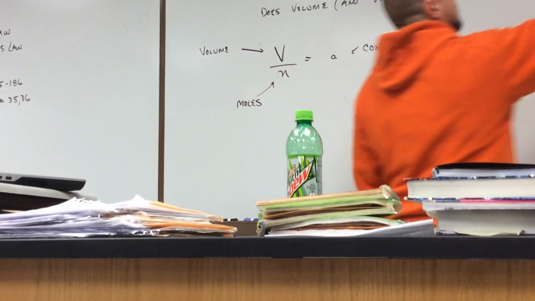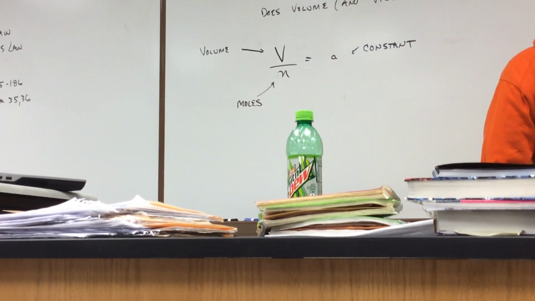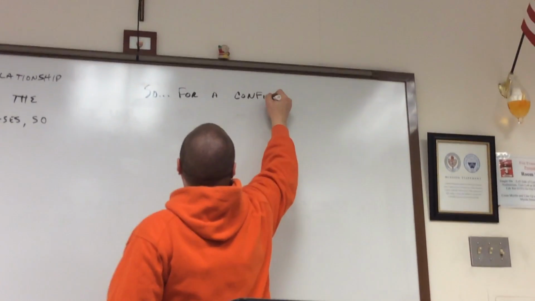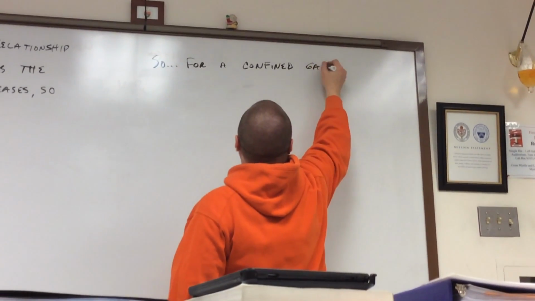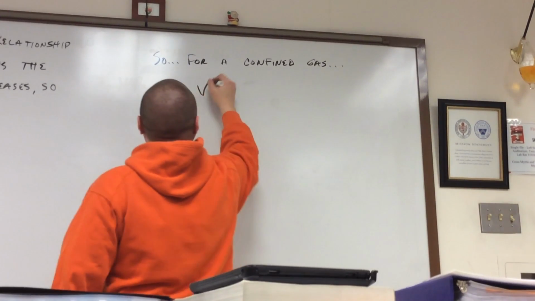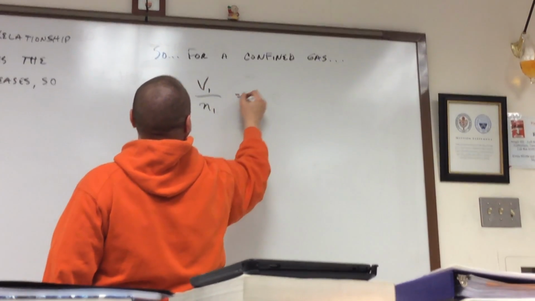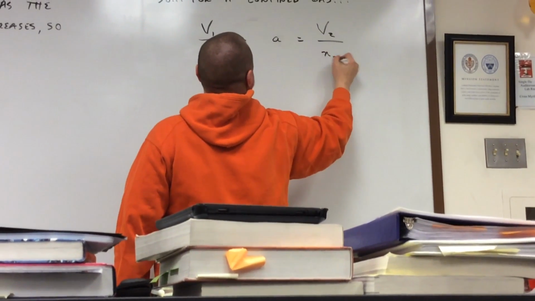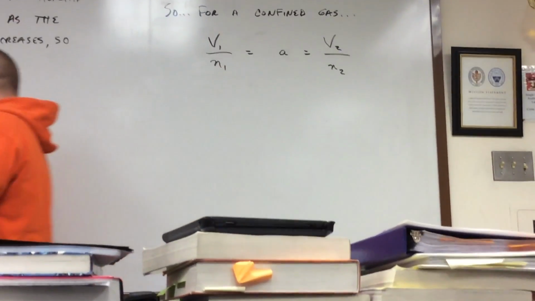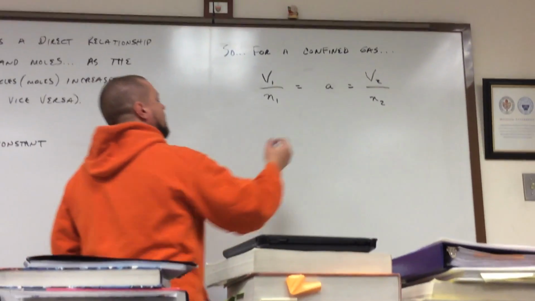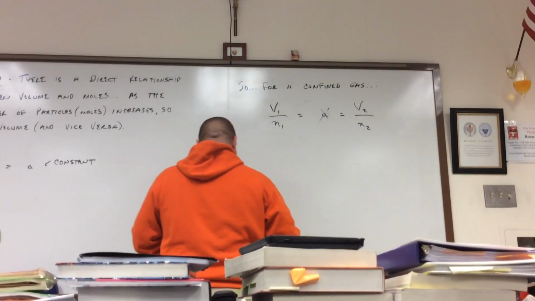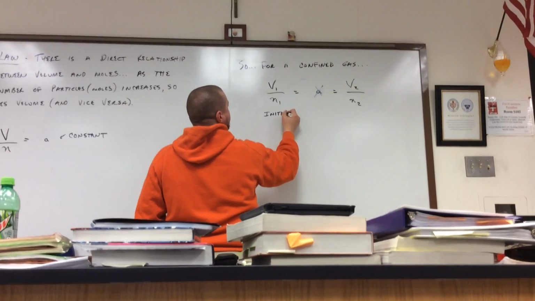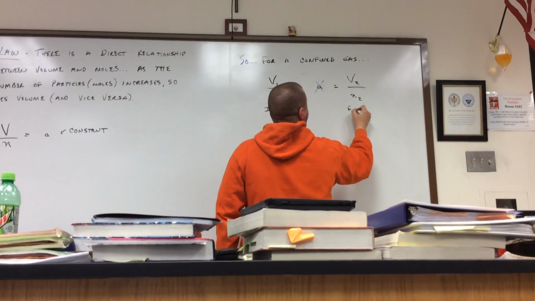So for a confined gas, V1 over N1 equals A equals V2 over N2. So again, moral of the story is we can throw out A and relate initial conditions to final conditions.